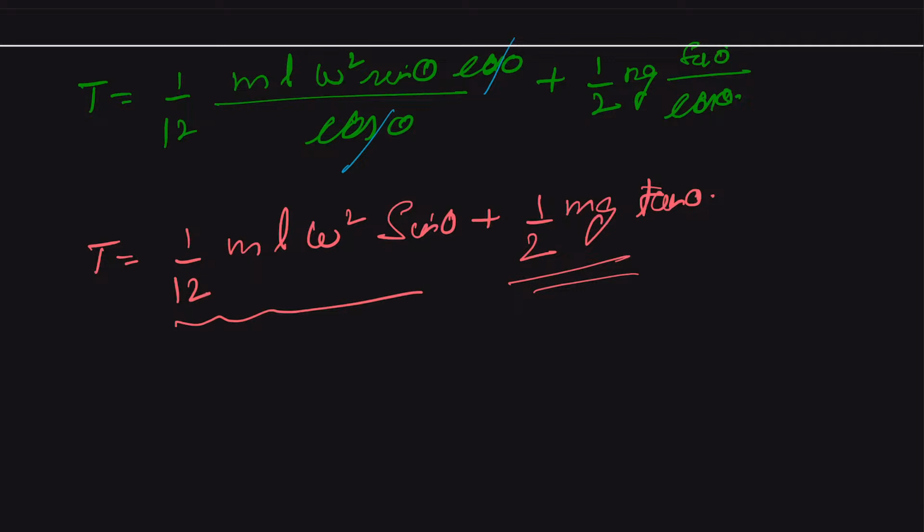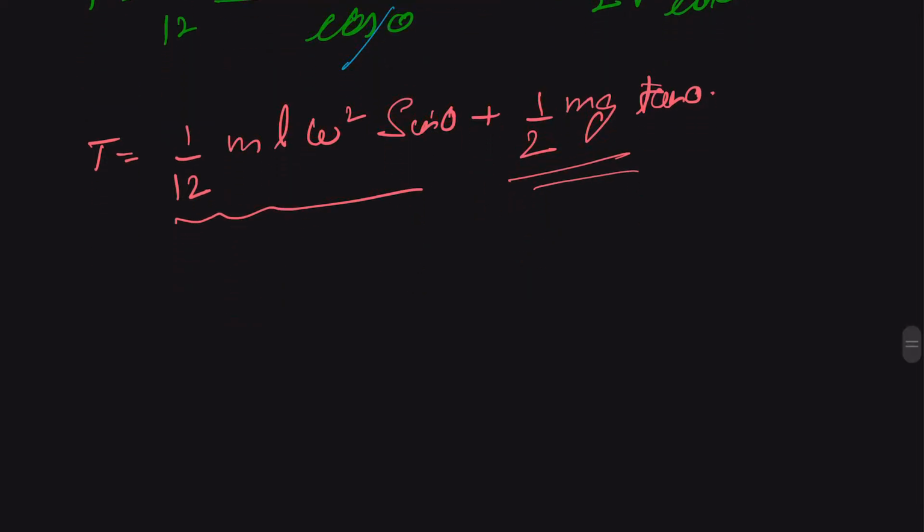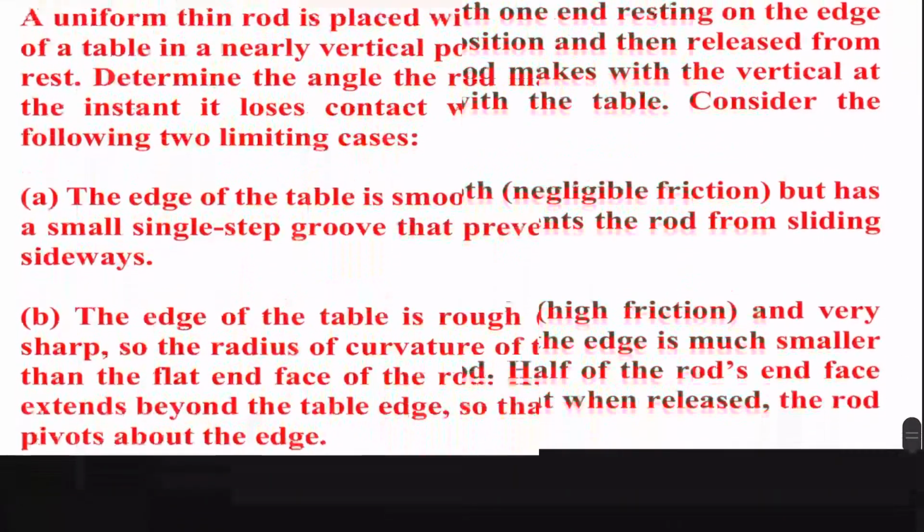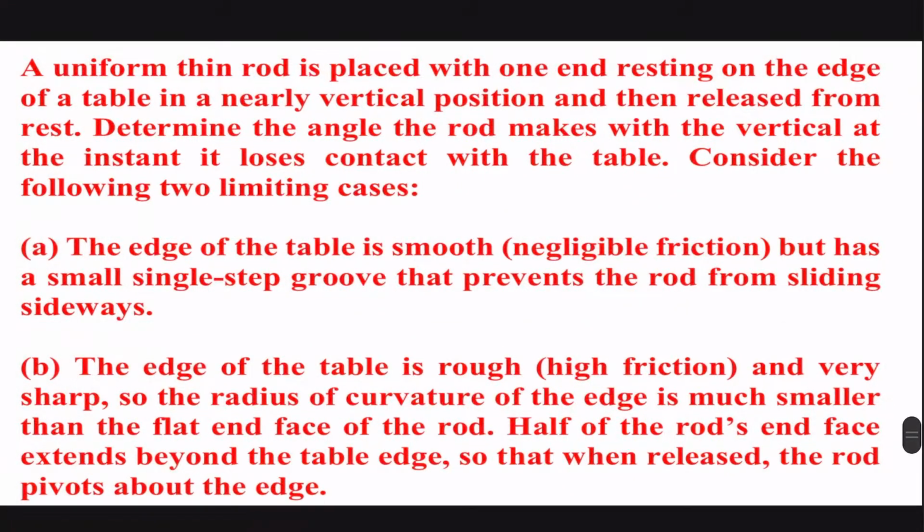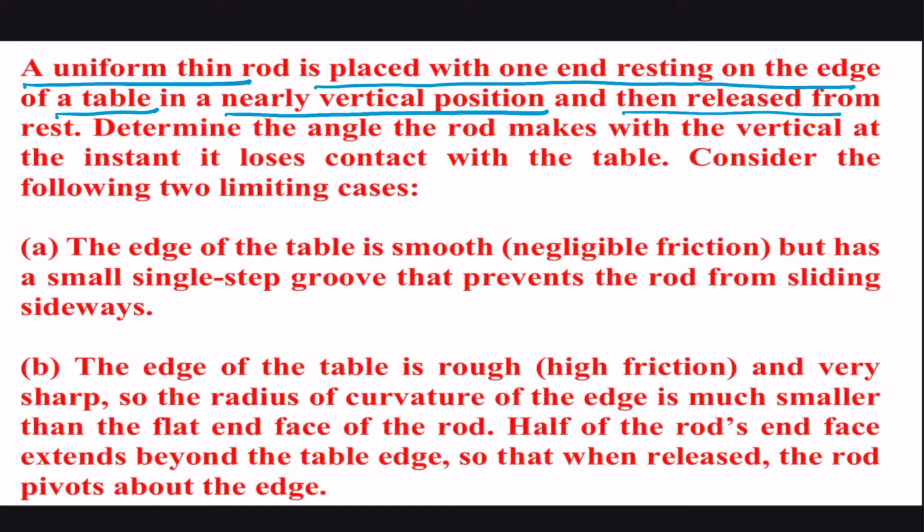So we come to the next question. Okay. It states that a uniform thin rod is placed with one end resting on the edge of a table in a nearly vertical position, then released from rest.